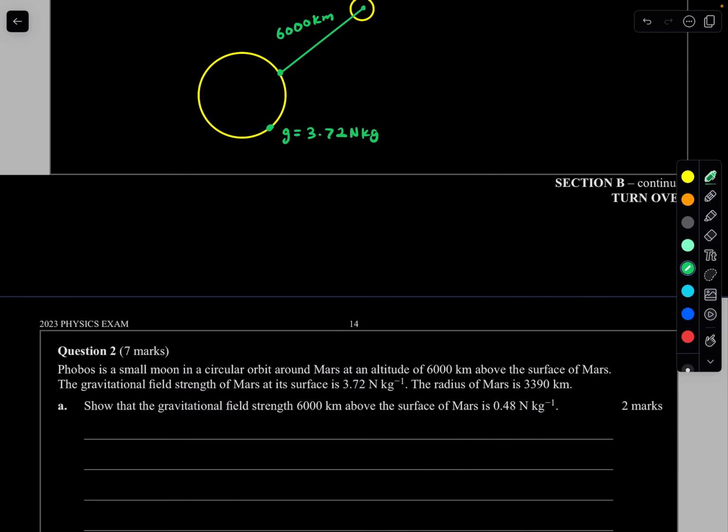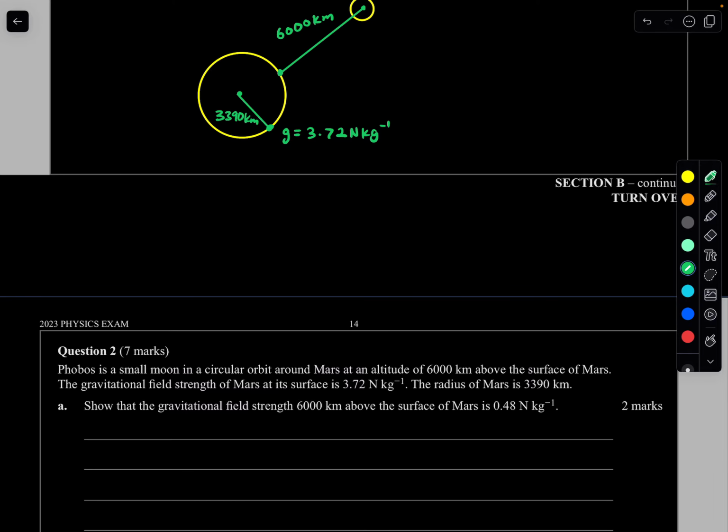And from the center, it's basically your radius, which is 3,390 kilometers. Beautiful. Show that the gravitational field strength at 6,000 kilometers. This is easy now.